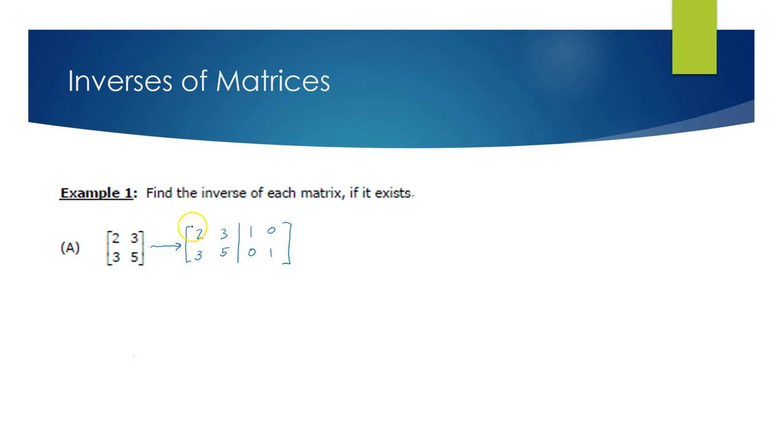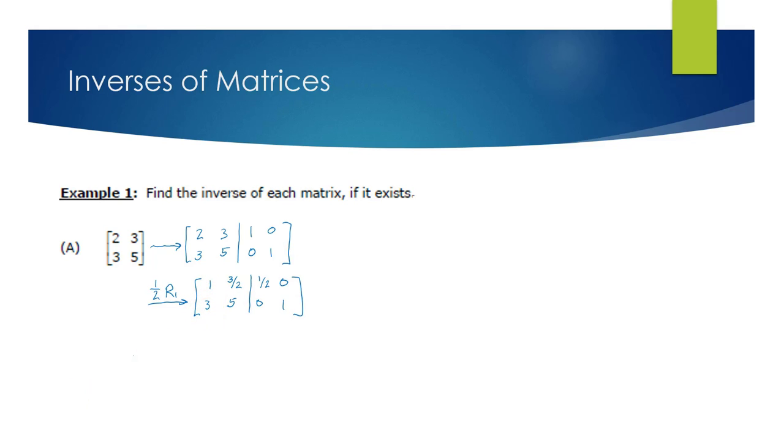Much like before, I have a 2 here. I would like it to be a 1, so I'm going to divide row 1 by 2, or multiply by a half. And so these become 3 halves, 1 half, and remain 0. I established the 1, which means now the 3 down here needs to become the 0.